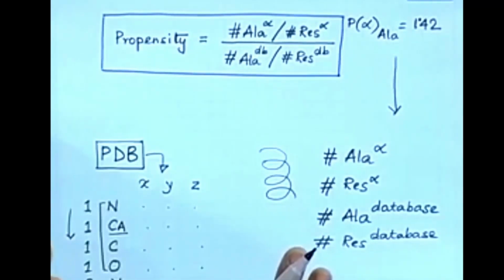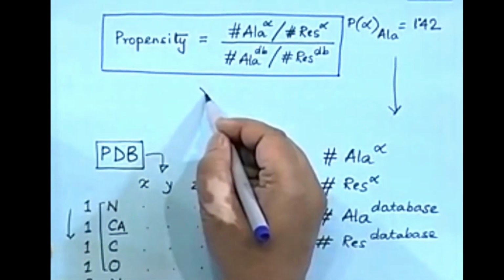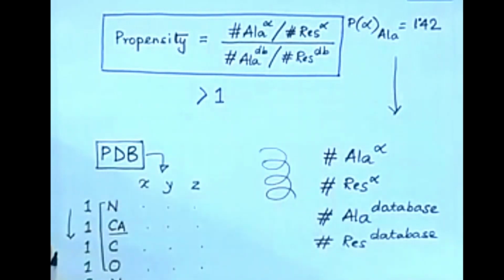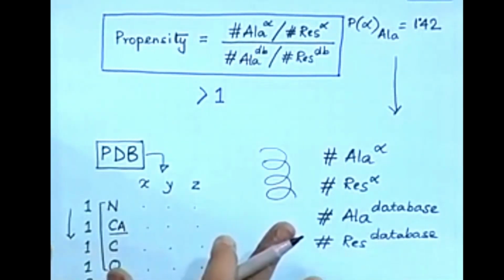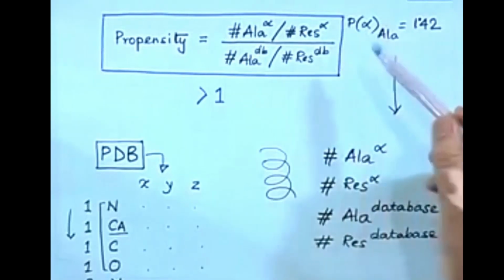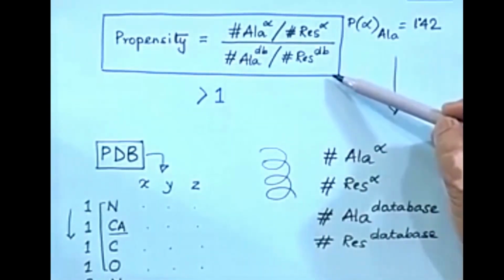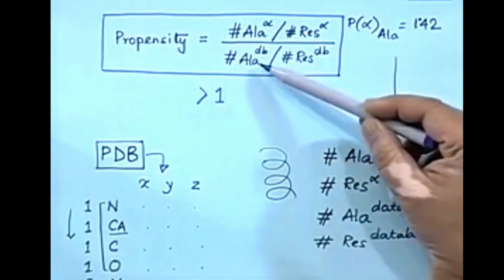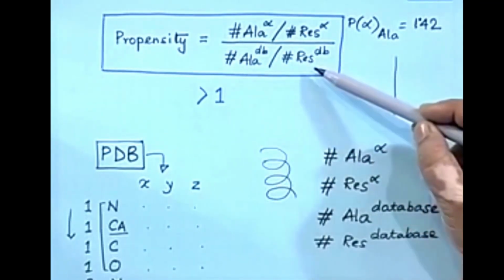If this number is greater than 1, because you have to remember that you're looking at a large polypeptide sequence of a large set of proteins, you want to know whether alanine is preferred in helices. What do I mean by that? This will give me some idea as to whether alanine is preferred in helices or not, because this gives me the number of alanine in the whole database, right?